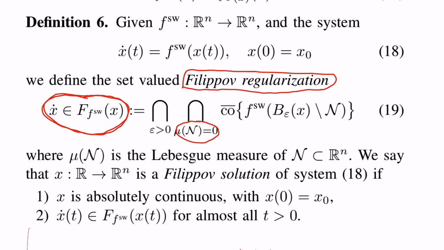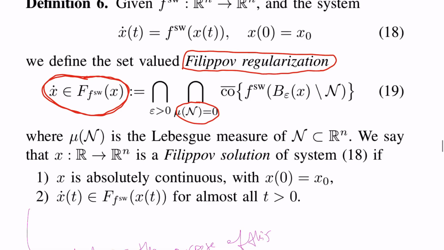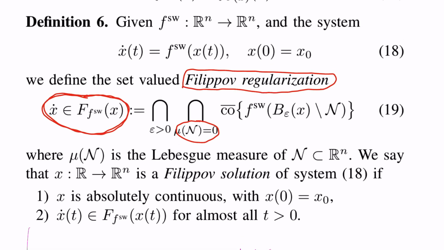First of all, let's try to understand that. You give me an x, all right, let's start there, and then you give me an epsilon.